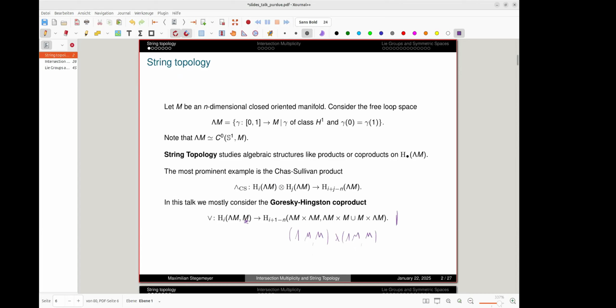But in general, if you take Z coefficients, the best thing you can do is to end up in the homology of this pair. I will talk a bit more about this, so hopefully it will become clearer.